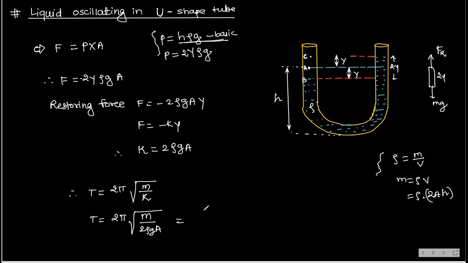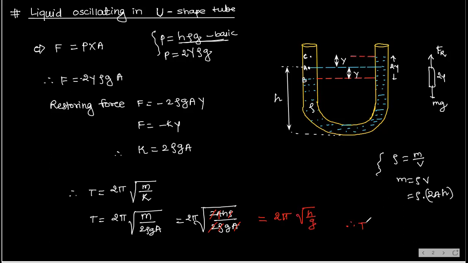If I substitute this m value here, then I am getting 2 pi under root 2Ah rho divided by 2 rho g into A. Now cancel the things. This 2 cancels with this 2, A cancels with this A. Does h cancel? No, only rho cancels, h remains as it is. So what is our formula? 2 pi under root h by g.